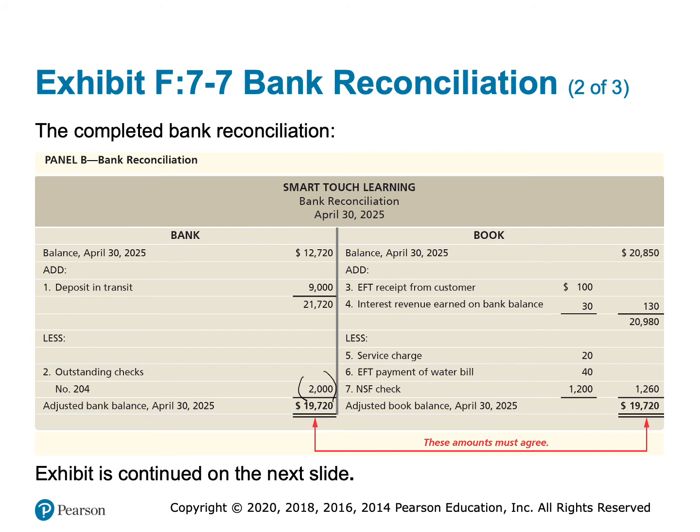I had a service charge of $20, the water bill just came directly out, and then I had a customer that had given me a check for $1,200, and that was a bad check. So I have to take that out of my books as well. I'm going to subtract that $1,260 for the service charge, the water bill, and the NSF check. And then we notice that the adjusted balances now agree; they balance.